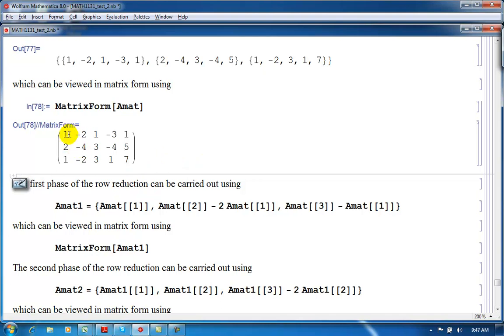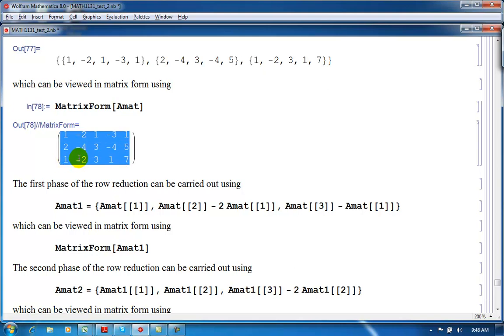So we start the row reduction. So we want to subtract twice this row from this row, and then we want to subtract the first row from this row.